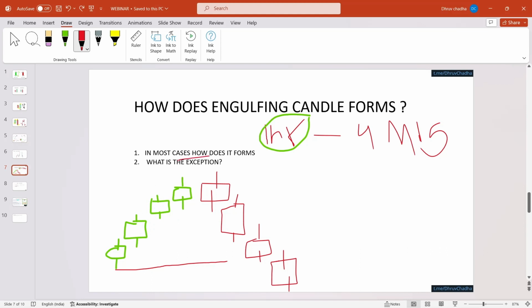So this is an exception. But if you look closely into the charts, I will talk about the dominant area and hidden base later on. So simply this is a hidden base and this is also a dominant area. Hidden base and dominant area is basically the same thing. So this is a dominant area as well.